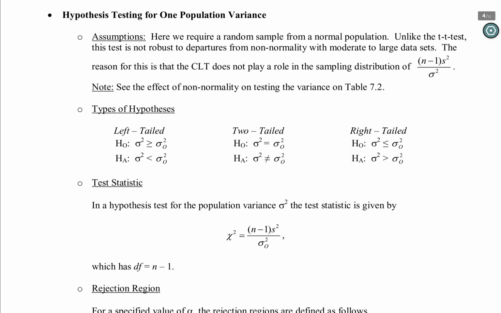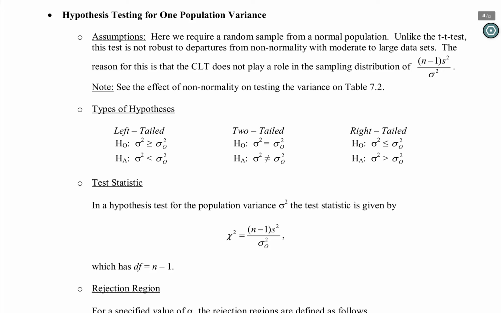So you'll want to look at that discussion. Basically, it is warning you to not use this method if the population is not normal.